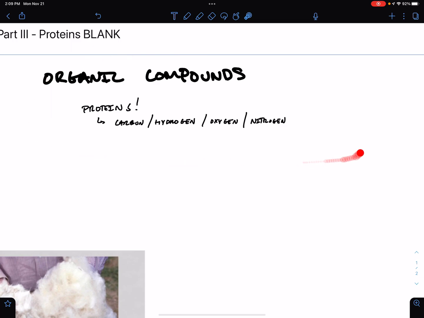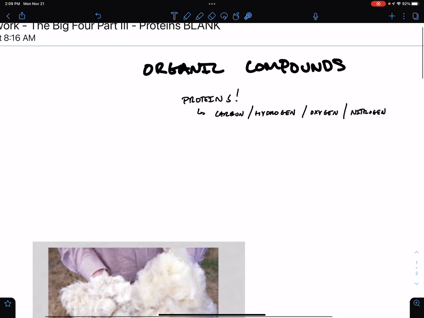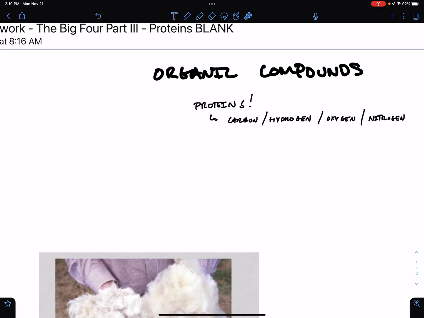And this needs to happen because nitrogen is an essential element for building proteins. So that's one way in which proteins are a little bit different than our fats and lipids and our carbohydrates: the presence of nitrogen. Nitrogen is also going to be found in our nucleic acids, so DNA and RNA. We'll see that later on in the year.